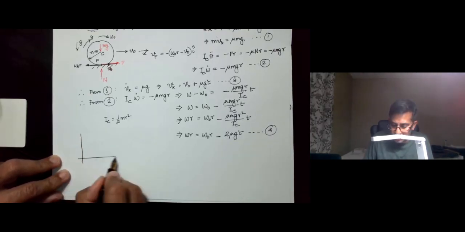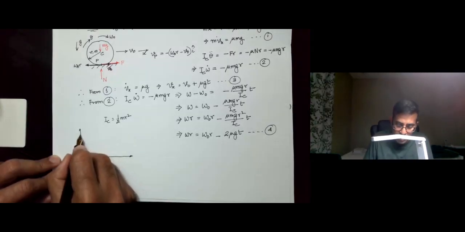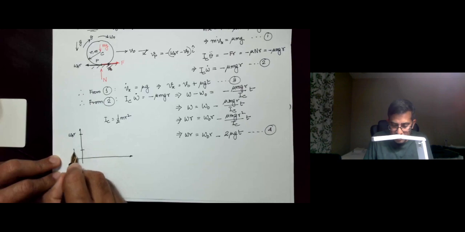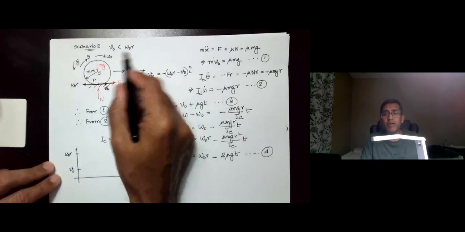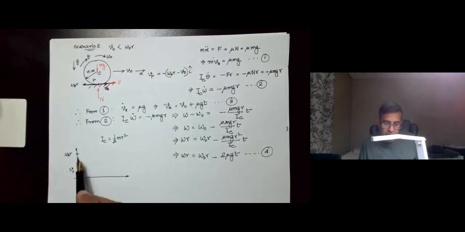In this case, we are going to have the following situation. So we have omega naught r, and let's say v naught is here. Keep in mind that we have considered the scenario where omega naught r is greater than v naught, so I have shown both of them to be positive but omega r to be a greater positive number.